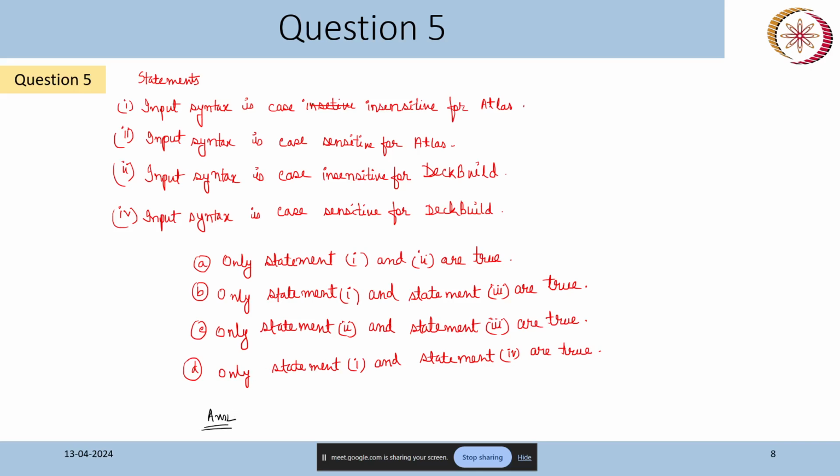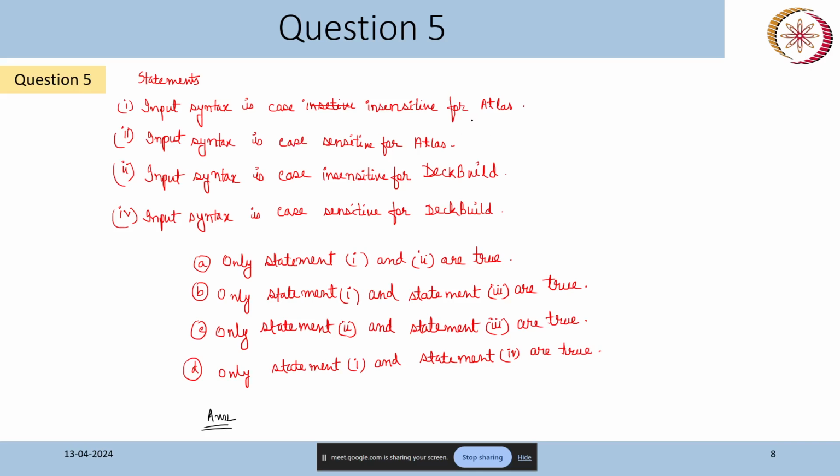Case sensitive and insensitive mean whether the same word written in different cases is treated as a different word or not in these softwares.